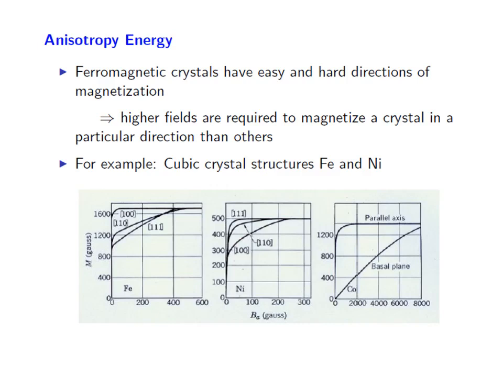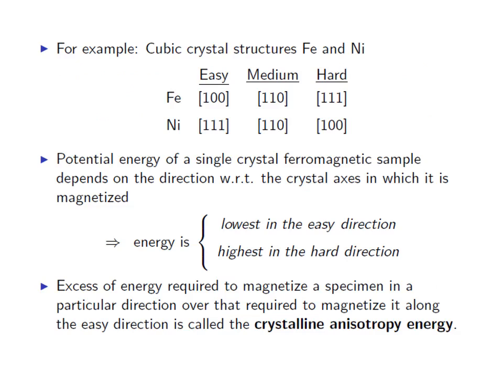In our previous lectures I have explained the C-axis and the basal plane of the hexagonal lattice. According to the graphs given in the previous slide, there is a medium direction for iron and nickel.